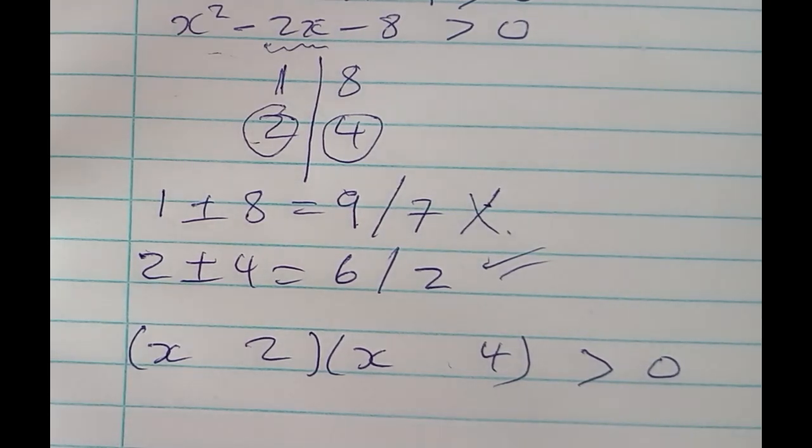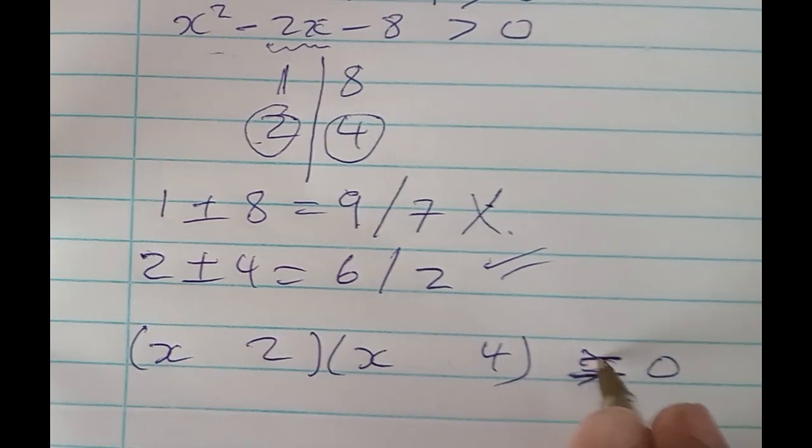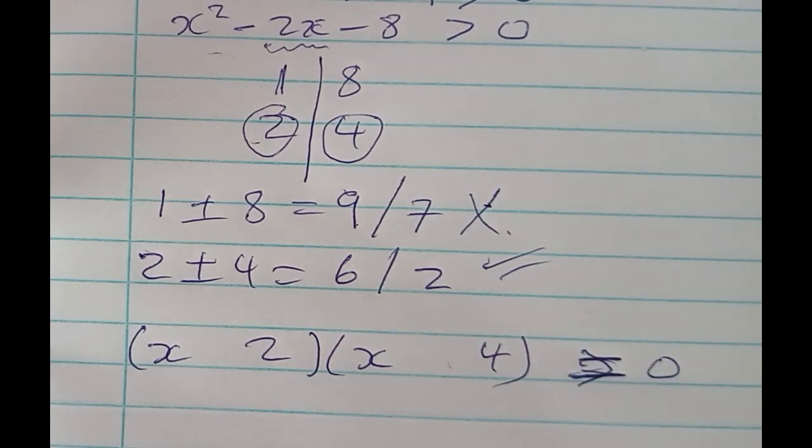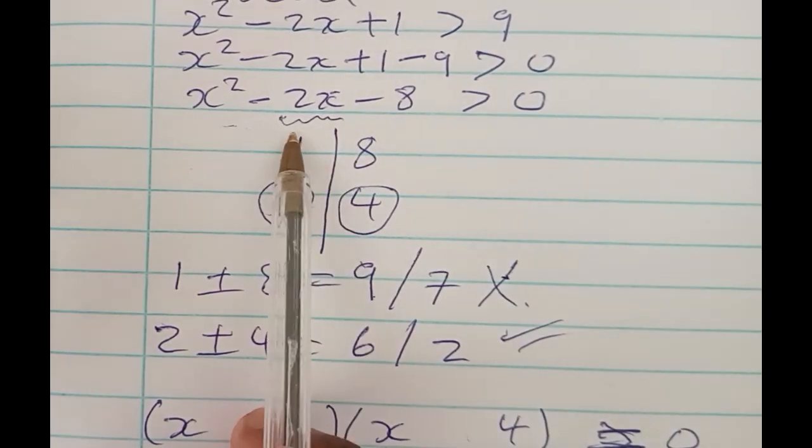At this point, remember, I'm looking for critical values. So here I can write it as equals to. You see? I said the bigger number takes the sign of the middle term. The middle term is negative.